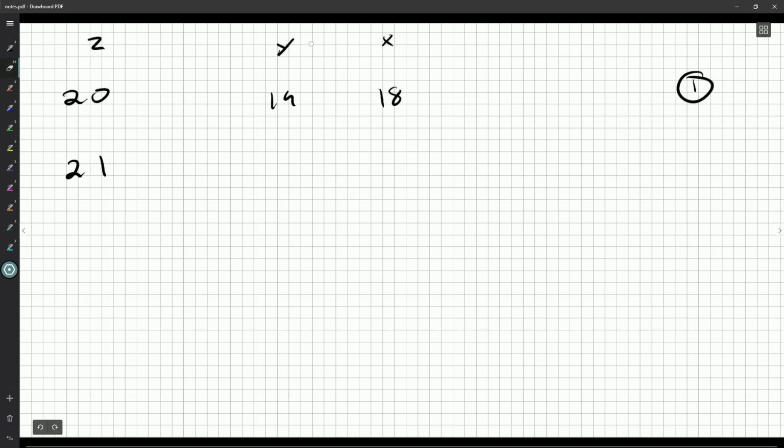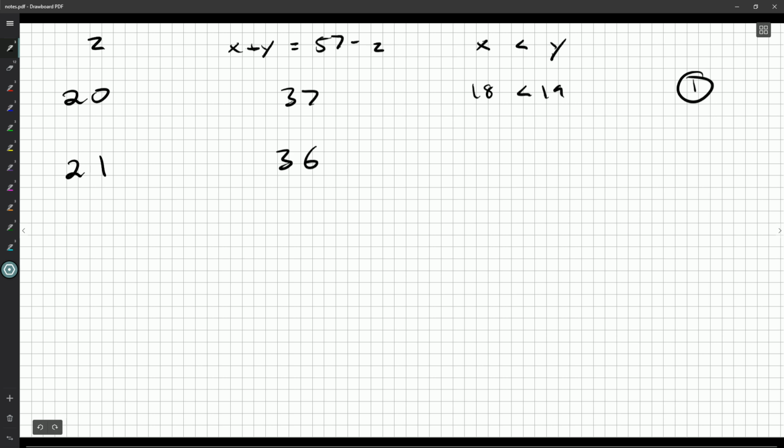Now, if z is 21, this might be a good way to do it. So we know the perimeter. So we know x plus y must be 57 minus our z, so 36 will have to be the sum of x and y.